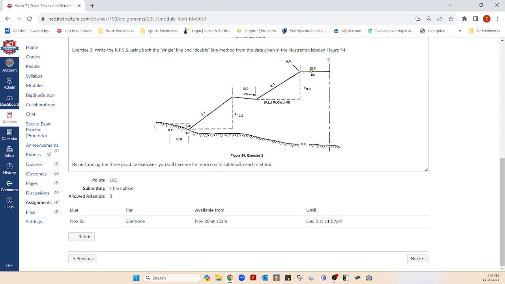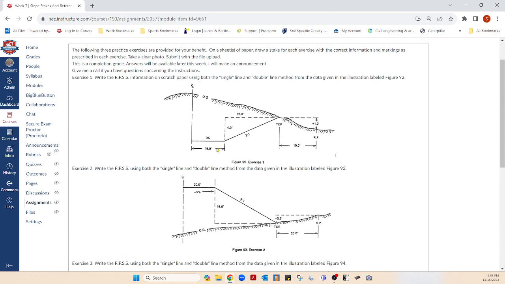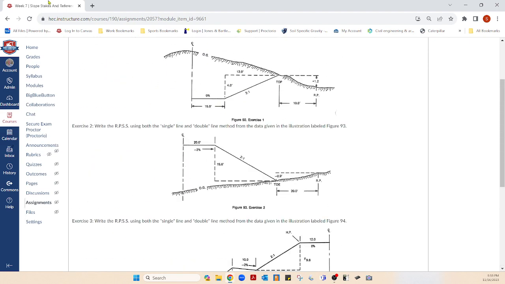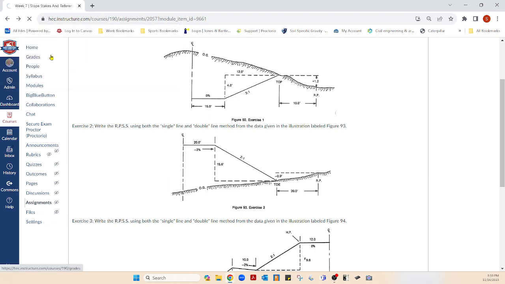You can kind of see the format of these stakes by just scrolling up and down, and we'll get out of the exercises and let's go back to the modules, just to give you an idea of what the stakes look like.